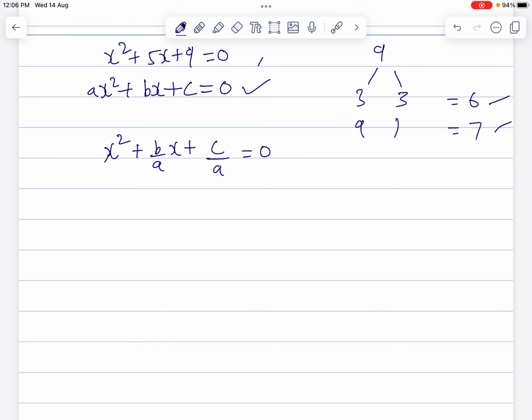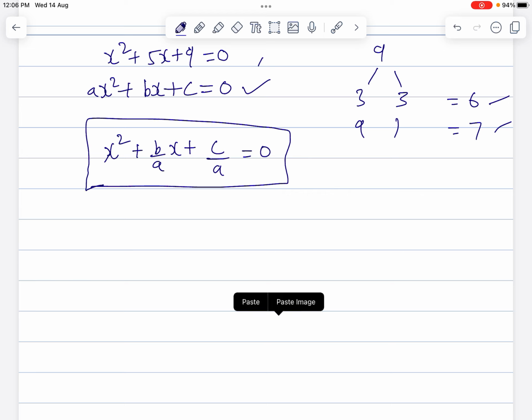Okay, now to solve this further, what I am trying to do is, so this is b by a. You all know the formula of a plus b whole square, which is a square plus 2ab plus b square.